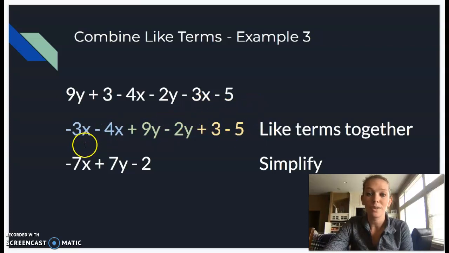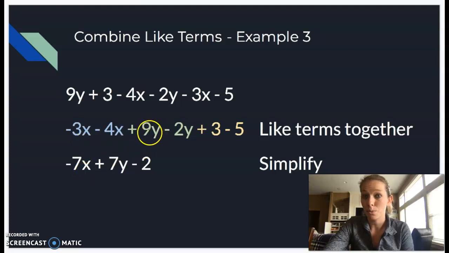So now, as you can see, I'm going to combine the x's. And so when I do that, negative 3 minus 4 gives us negative 7. And then with the x, so I write that down.